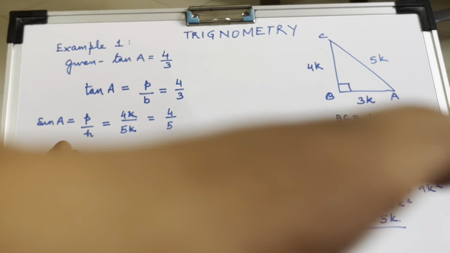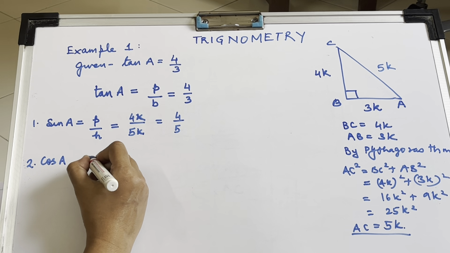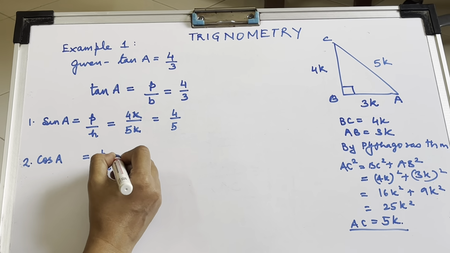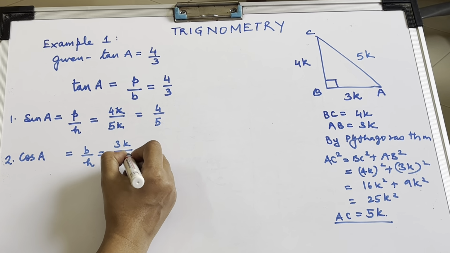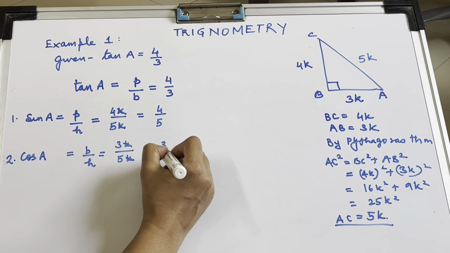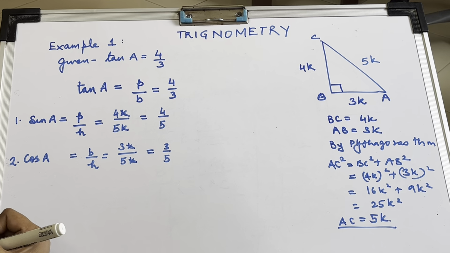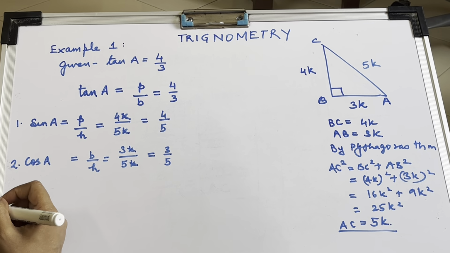Then comes cos A. This is our first ratio, this is second. Cos A is base upon hypotenuse. If you see the figure, the base is 3K and hypotenuse is 5K. K and K get cancelled, you get the ratio as 3 by 5. The third ratio is tan A in the basic ratios, so that is already given to us.